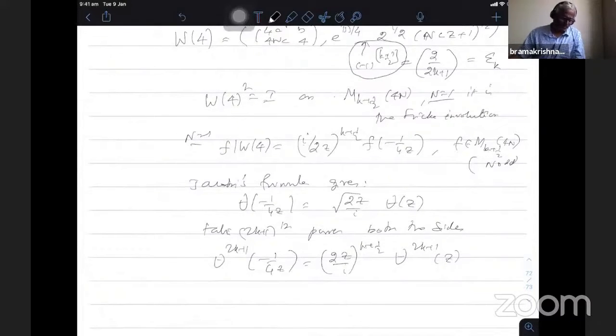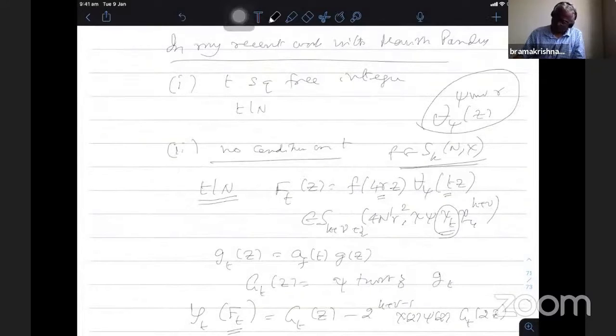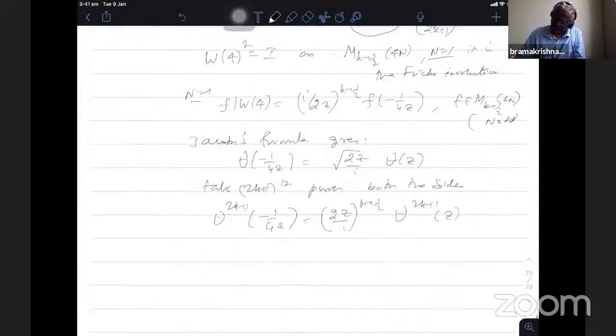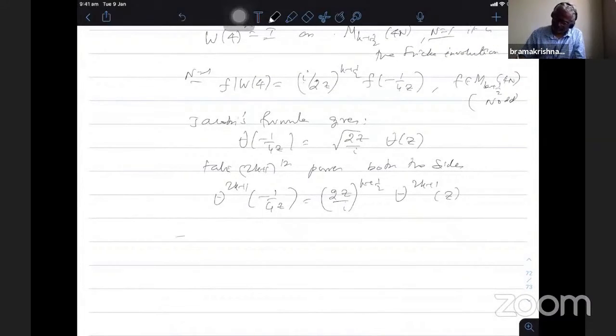Okay. Therefore this implies, now bringing to the left hand side, this implies theta power 2k plus 1 bar W4 is theta power 2k plus 1 of z.